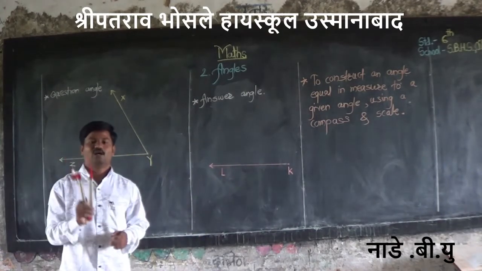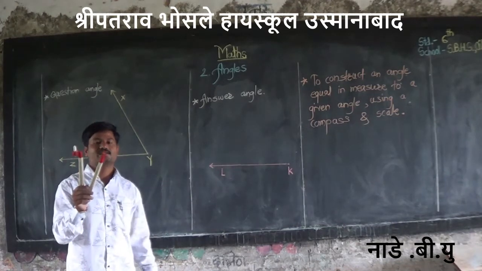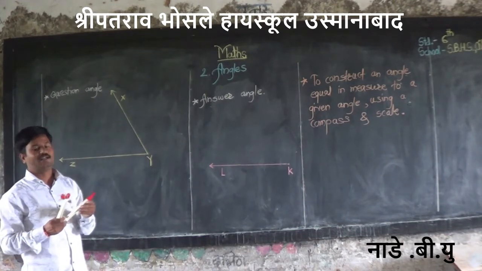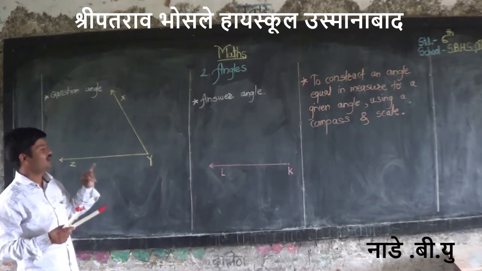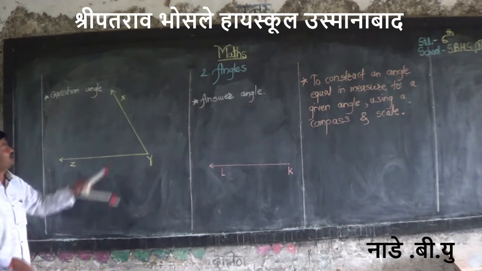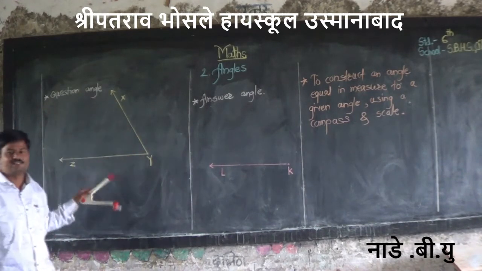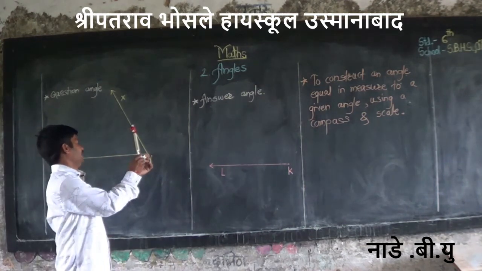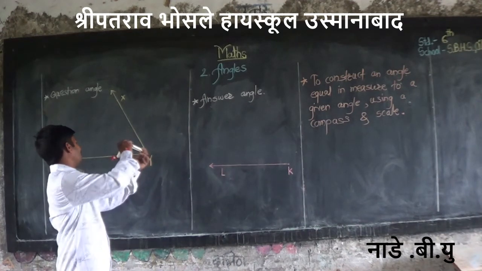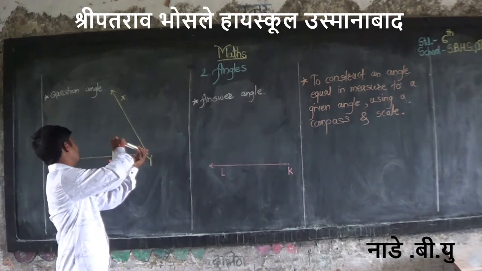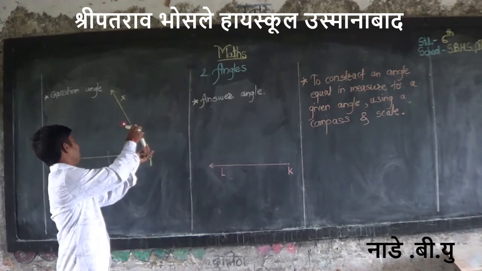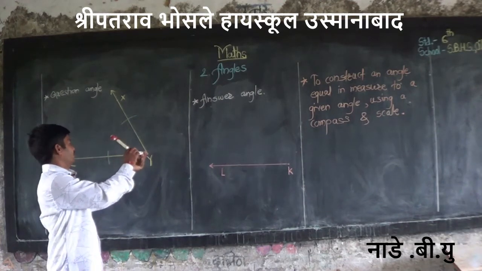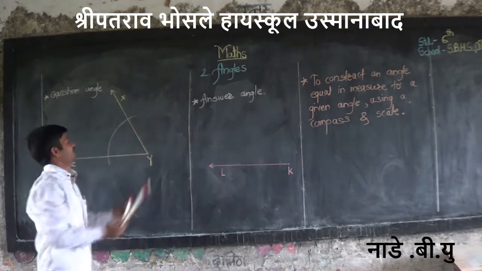Then take the compass, take any distance, and place the metal end on the vertex of the question angle. Here in angle XYZ, Y is the vertex, so place the metal end there and draw an arc.